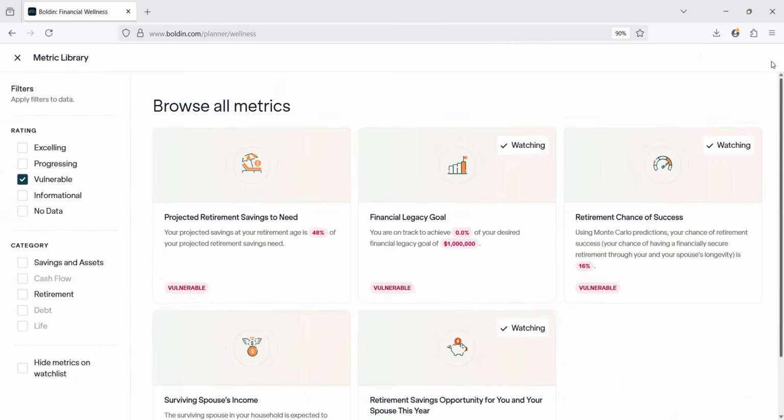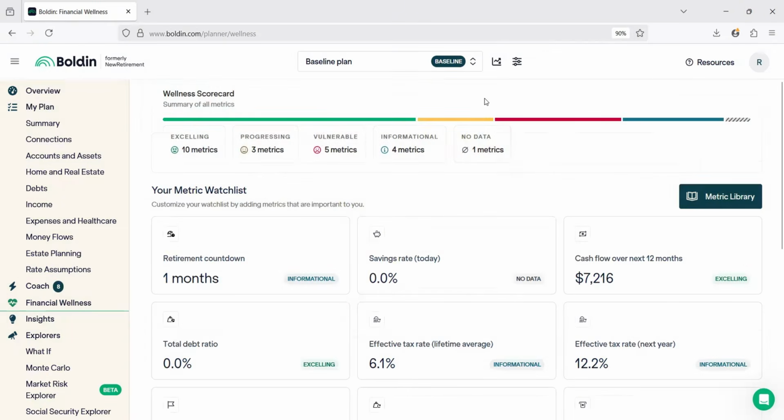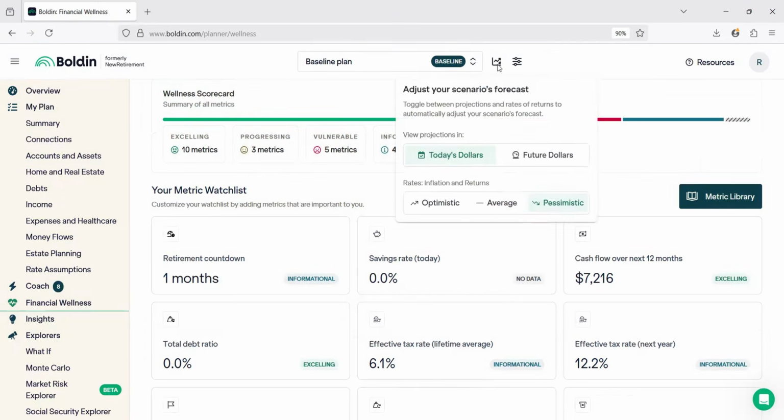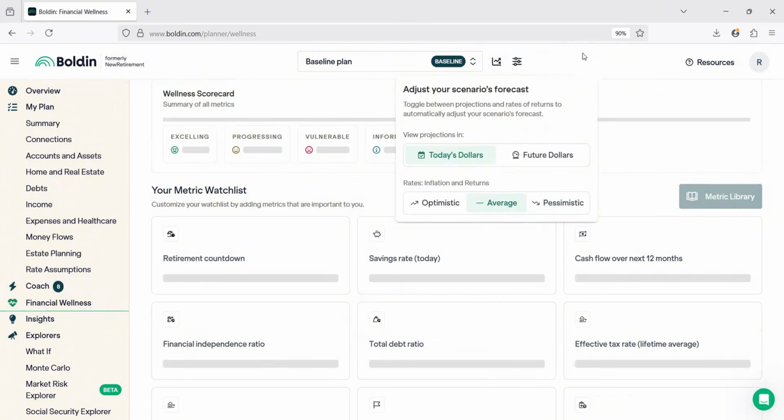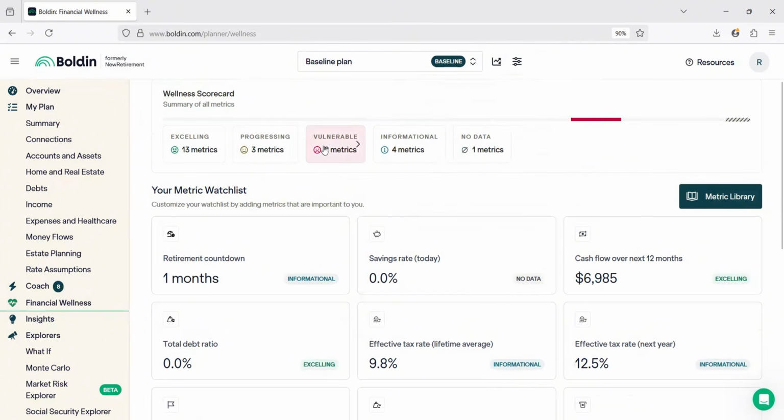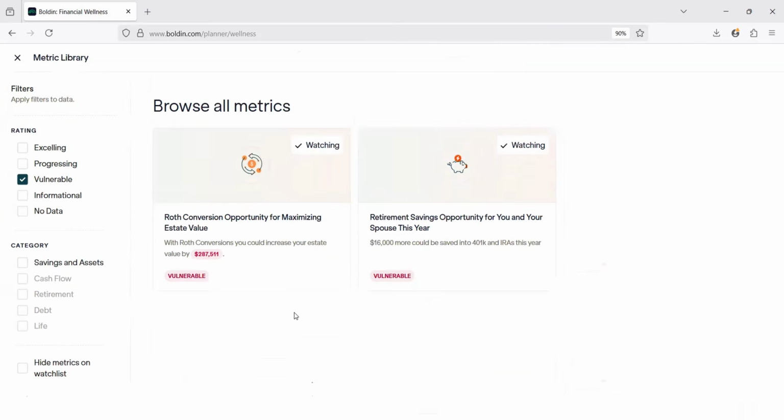Am I still on pessimistic? I am. Let's bring that to average. Okay, now look at our vulnerable areas. Okay, so the Roth conversions, it's telling you those are helpful.